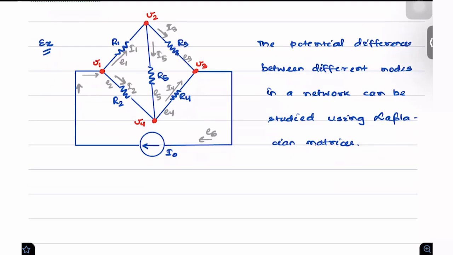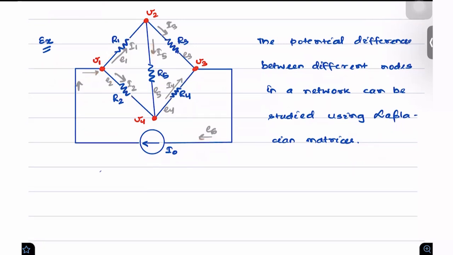We saw that there are 6 edges, 1, 2, 3, 4, 5, and 6. We can write it in this manner. V1 to V4, there are 4 nodes, and then there are 6 edges.